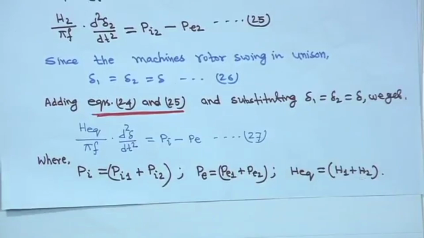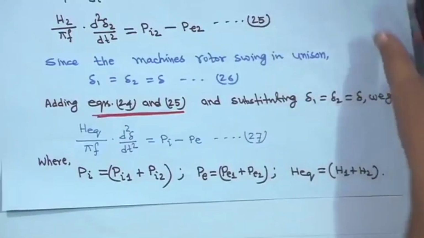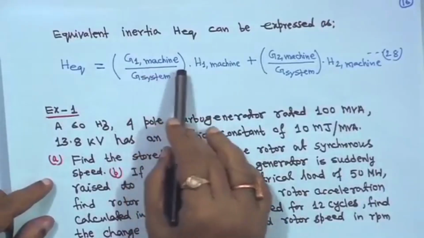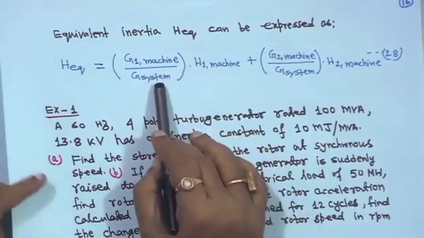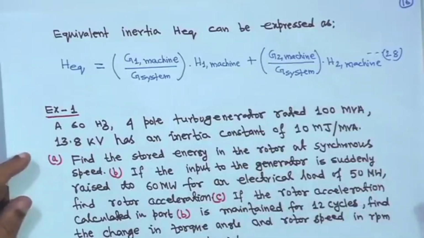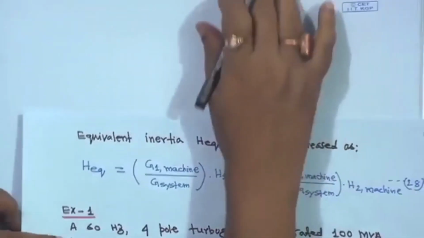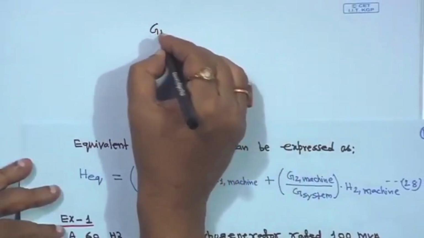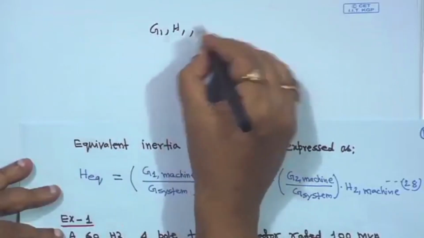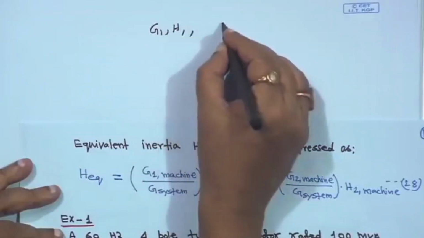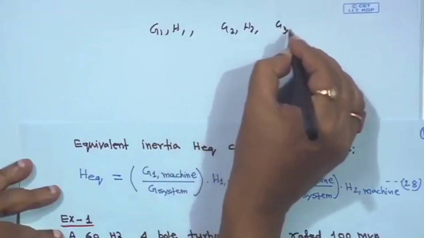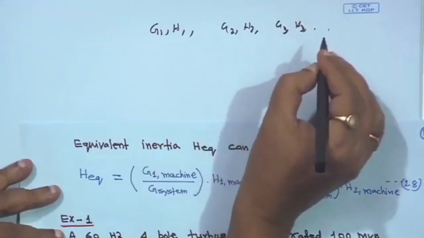Now, generally H Eq in general will be G1 machine into H1 machine divided by G system plus G2 machine into H2 machine by G system. In general, if you have G1 H1, which is the machine rating and inertia, for the second machine you have G2 H2 and for the third machine G3 H3 and so on.